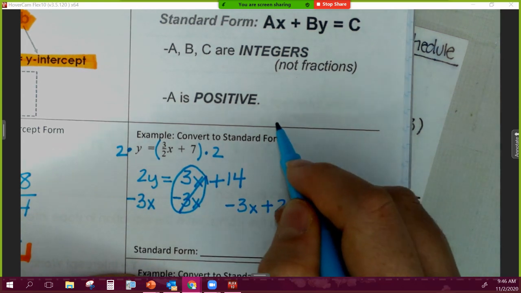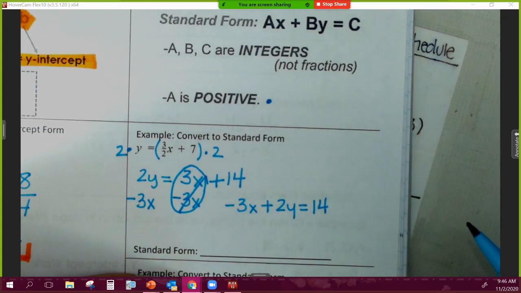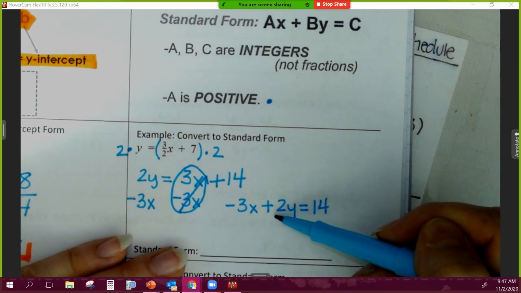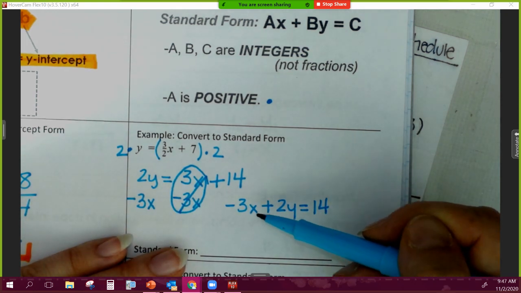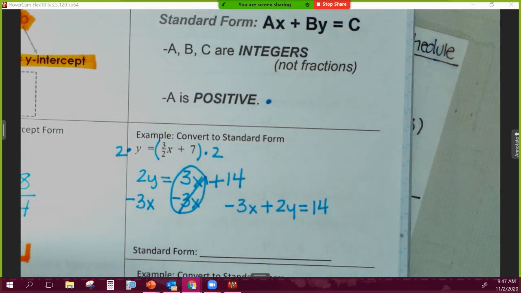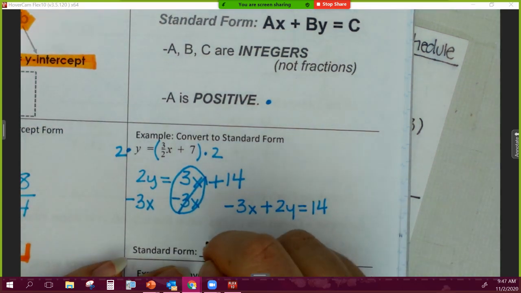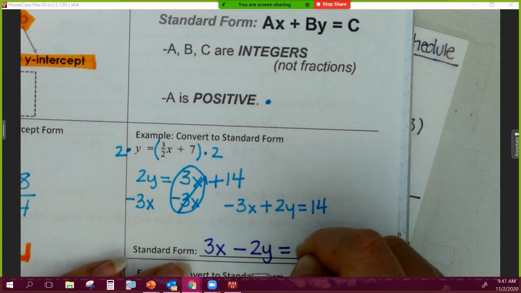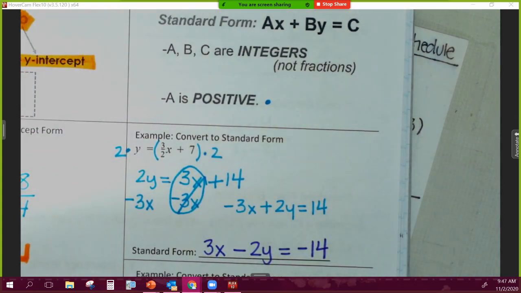The last thing I need to fix is that a needs to be positive. All my other terms can be negative, but the x term needs to be positive. So I just change that by changing the sign of everything. It's like multiplying everything by -1. So this becomes positive 3x minus 2y and negative 14.